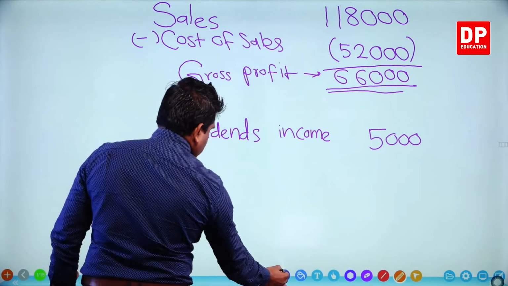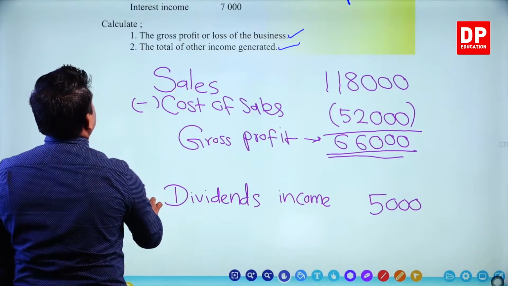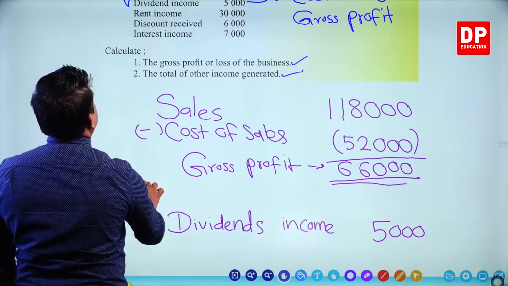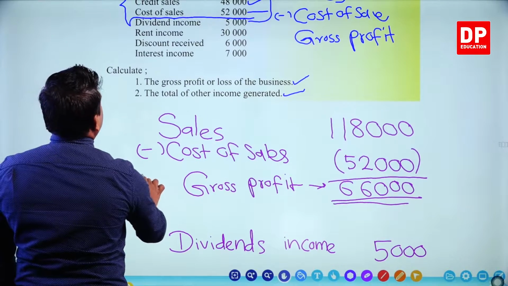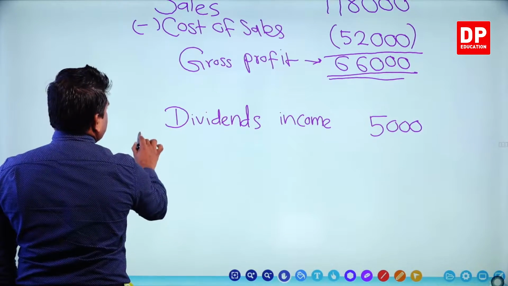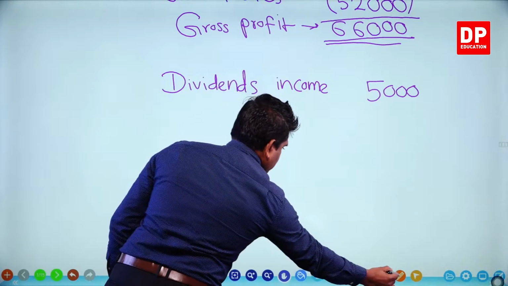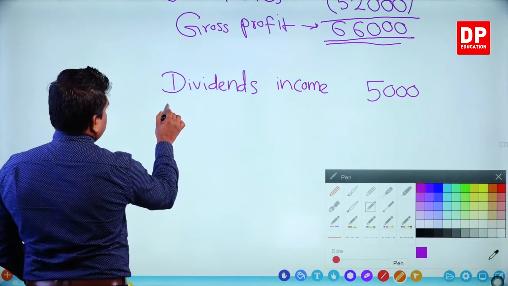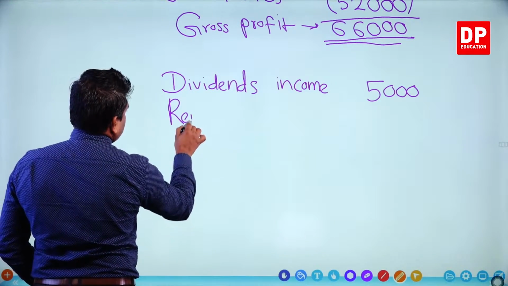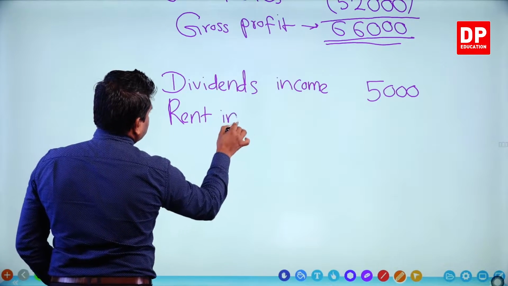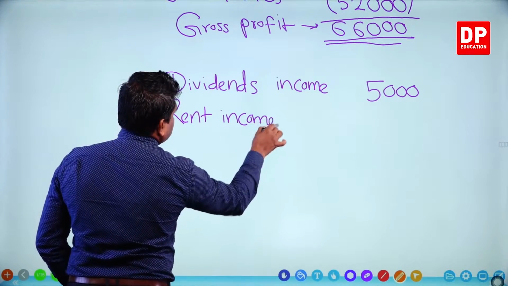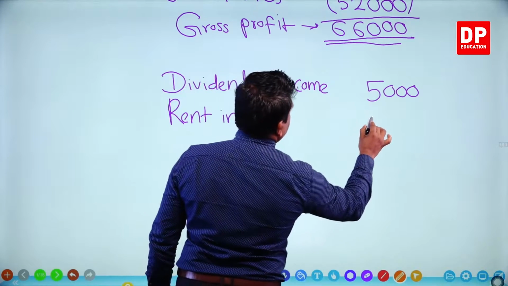What's the next one? Rent income 30,000.